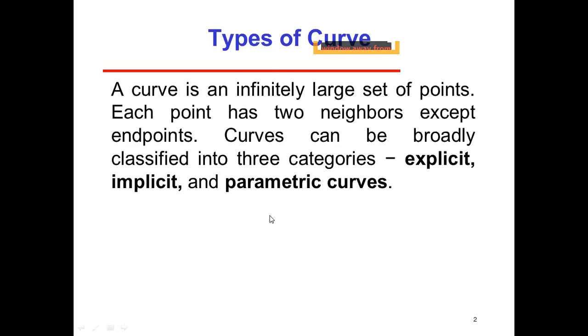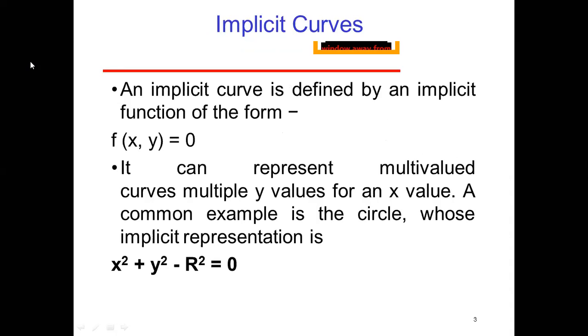Now there are a number of categories for the curves. We are going to broadly classify them into three categories. First is the explicit, another is the implicit, and the third is parametric curves. An implicit curve is defined by an implicit function, and we use f(x, y) = 0.